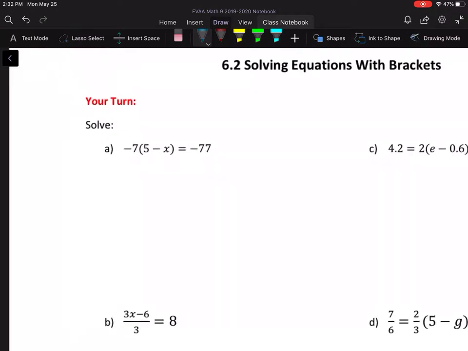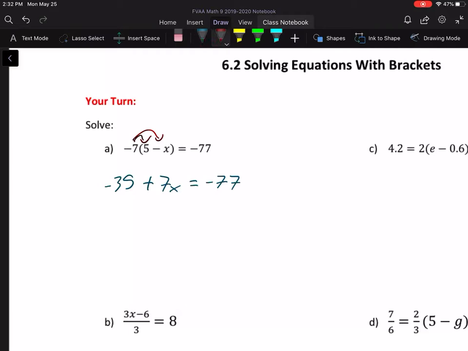First one here, negative 7. We're going to do both approaches here. The negative 7, I need to multiply into both the 5 and the negative x. So negative 7 times 5 is negative 35, and then negative 7 times negative x is positive 7x, is equal to negative 77.